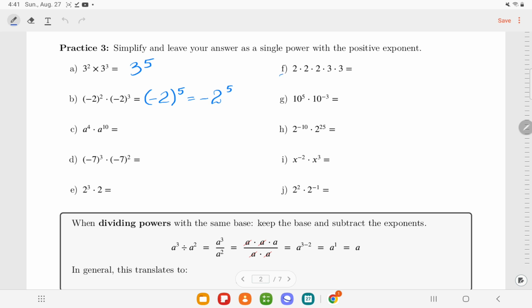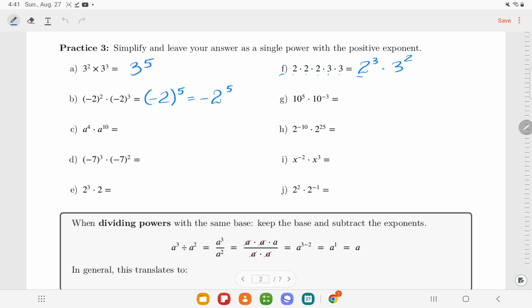Let's try F. Here we have two different bases. We have 2 times 2 times 2 times 3 times 3. We can write it as 2 to exponent 3 times 3 to exponent 2.